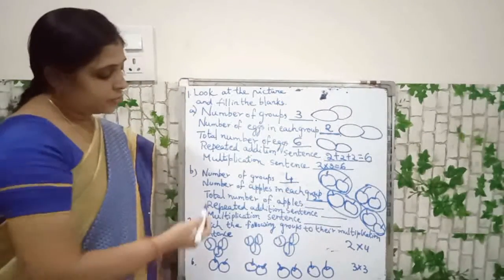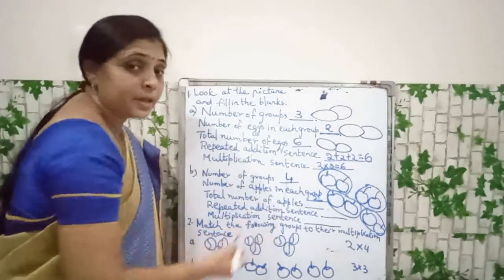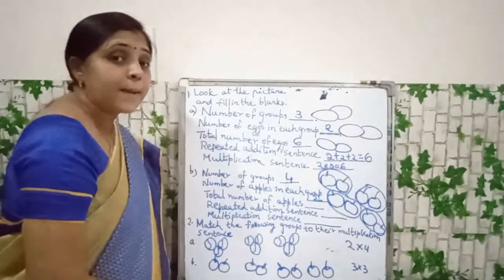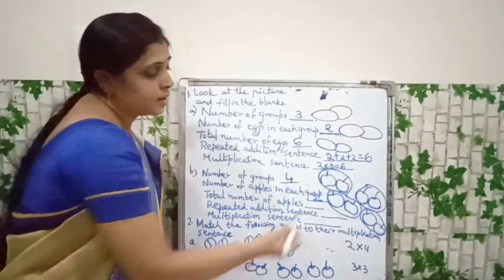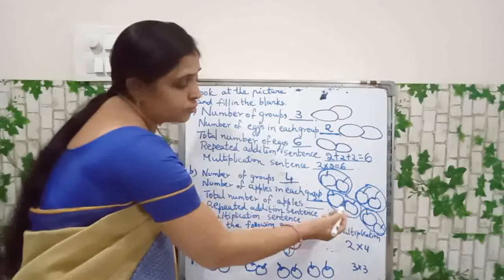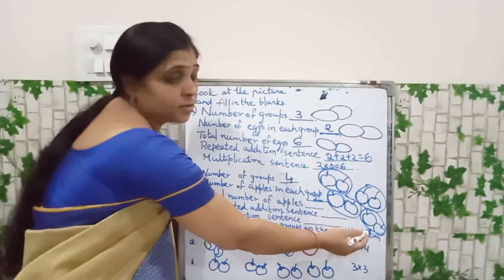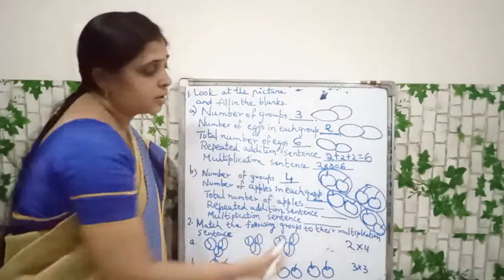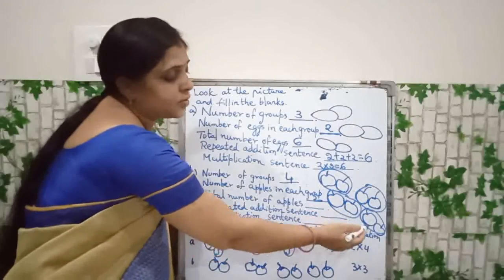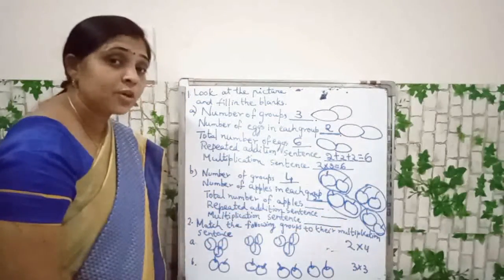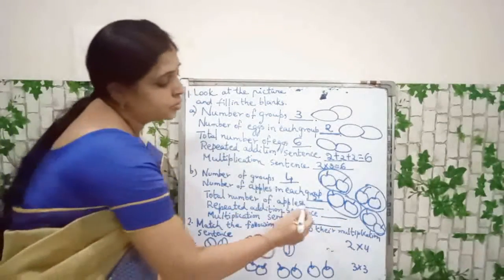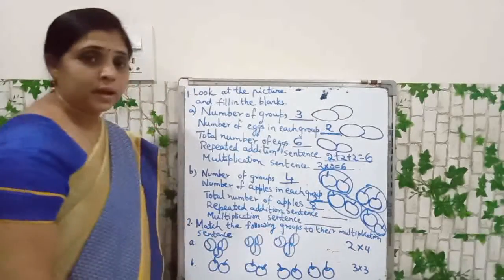Okay. Next, total number of apples. 2, 4, 6, 8. Yes? 2, 3, 4, 5, 6, 7, 8. So total number of apples, how much? 8. So you have to write 8.